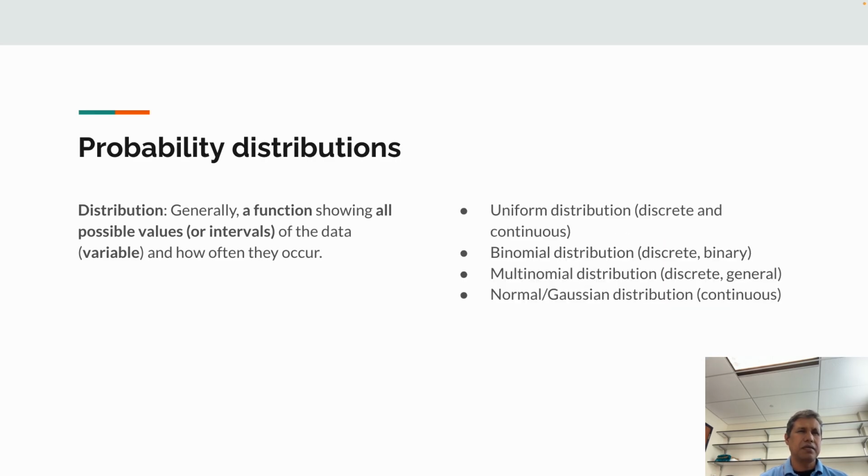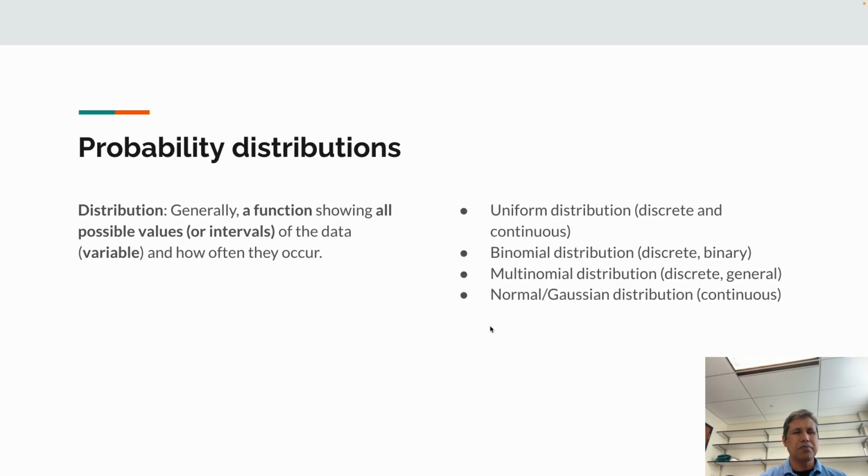There are many popular distributions that we will need to learn, and I'm sure that you also have some idea about these distributions. One is uniform distribution. Then we have binomial distribution, multinomial distribution, and normal or Gaussian distribution.